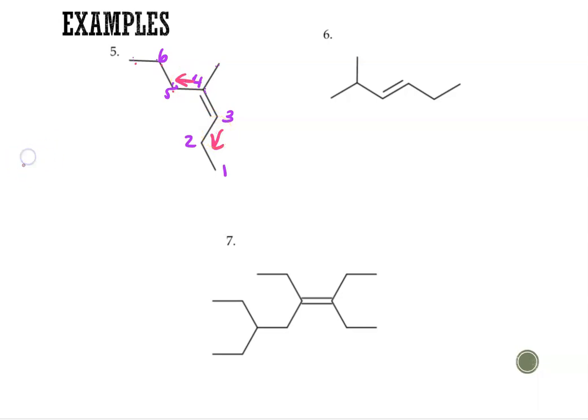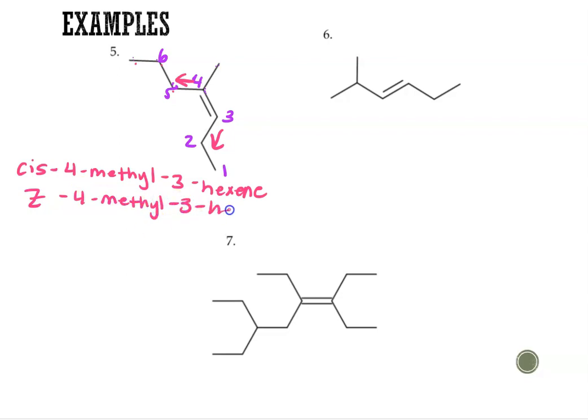Nope, just kidding. Cis. And then if we're going to label these, we have a methyl group. So this would be 4-methyl-3-hexene, or Z-4-methyl-3-hexene.